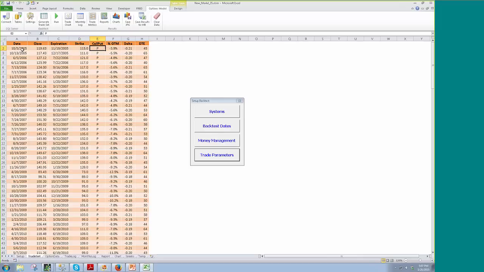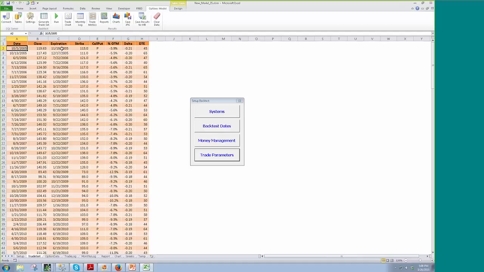So for example, on this date here, October 5th, 2005, apparently there was a signal to say, hey, this is a good time to sell a put. So the program says, okay, what should I sell? Well, I want to sell a delta of around 20, between 40 and 65 days to expiration, with at least 5,000 minimum open interest.